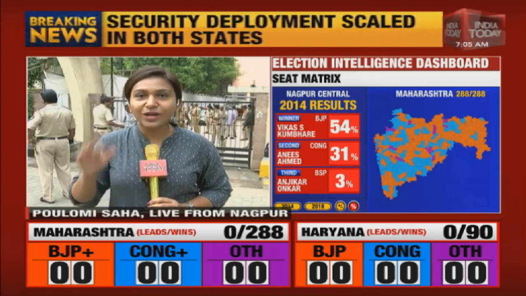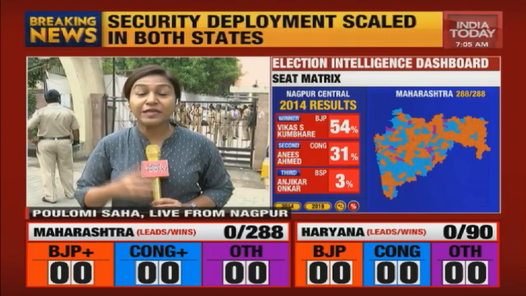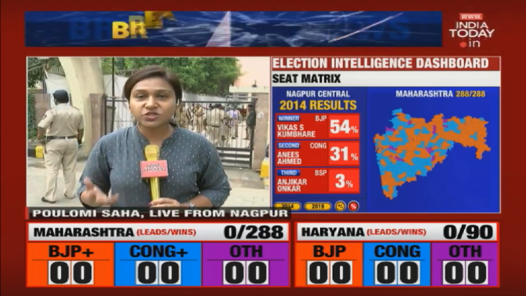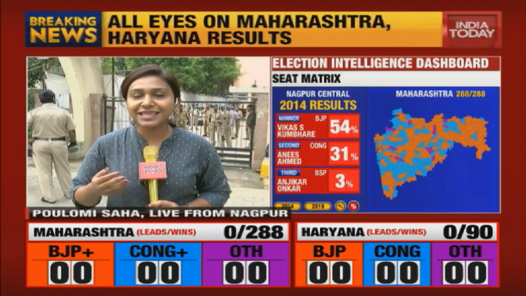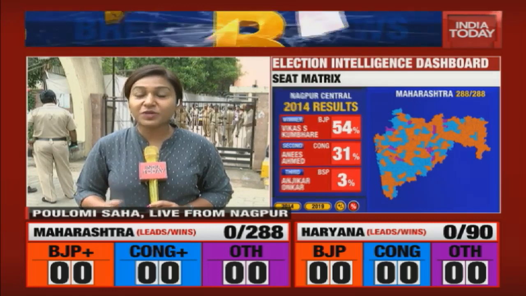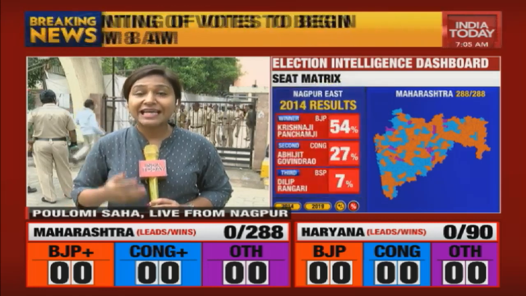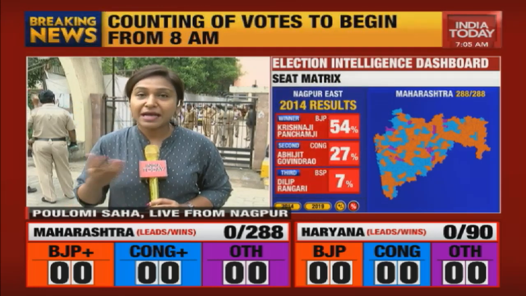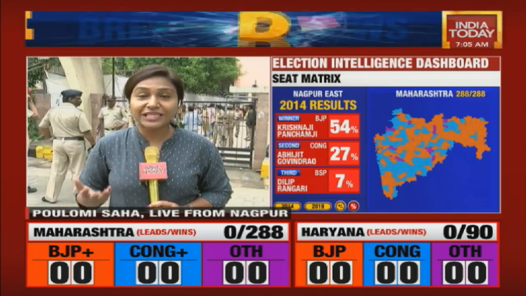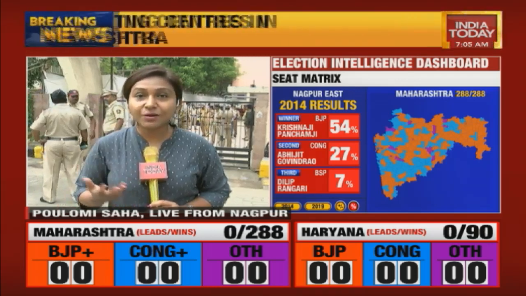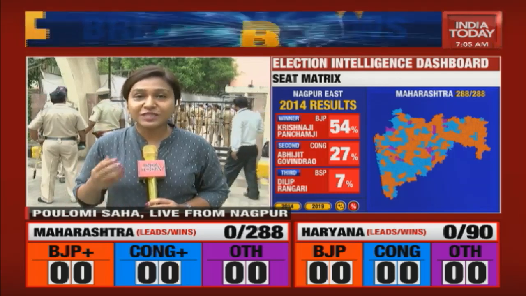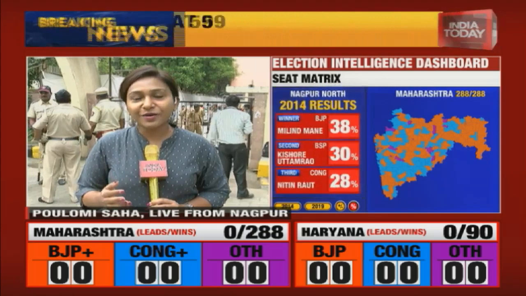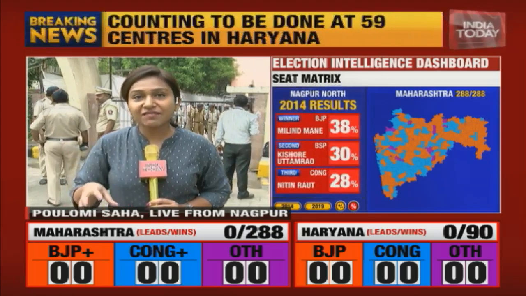Yes, like you said, all eyes on Mr. Fadnavis, and if he indeed manages to create history by taking the BJP-Shiv Sena alliance into a consecutive second term in Maharashtra, which has not happened before. He also has to his credit that he has become the second Chief Minister of Maharashtra after Vasantrao Naik to have completed a full term in office. So obviously all hopes are banking on Mr. Devendra Fadnavis.